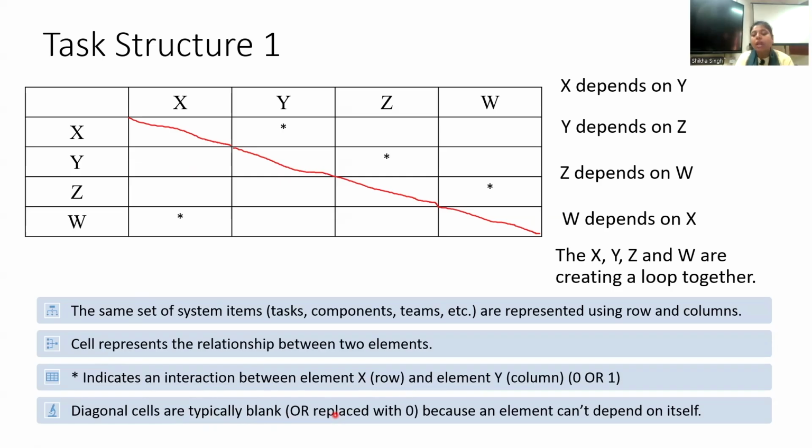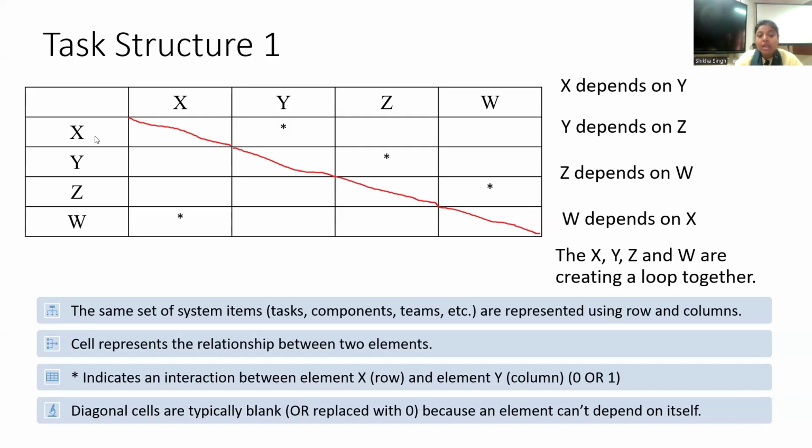Now, one important thing to notice here: X, Y, Z, and W are there. But here you see X is trying to receive information from Y. So it is very clear from this matrix that X is depending on Y. And you see the sequence here, the order here.